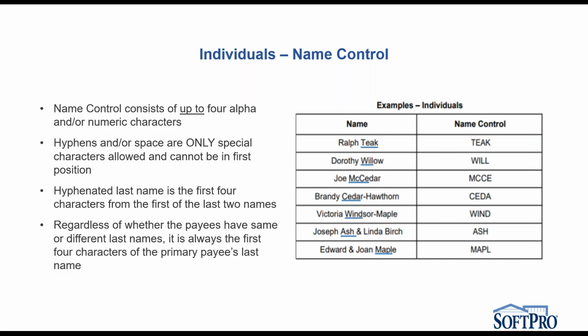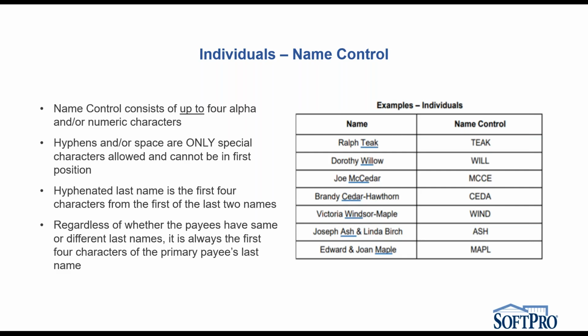So you can see on the right side, Ralph Teak would be TEAK, Dorothy Willow would be WILL. The only places where it gets a little different is if you have a hyphenated name, and you see Brandy Cedar-Hawthorne, it would actually be the first last name, so CEDA would be her name control.